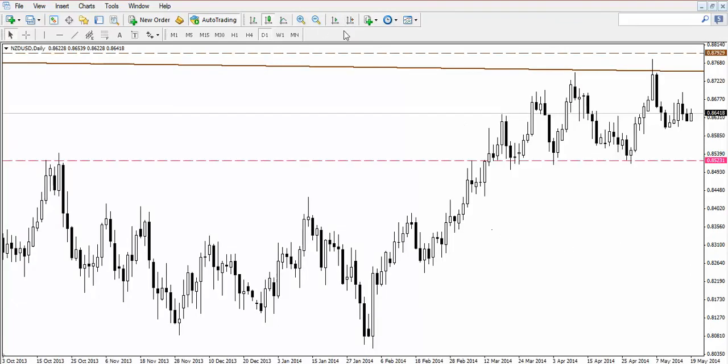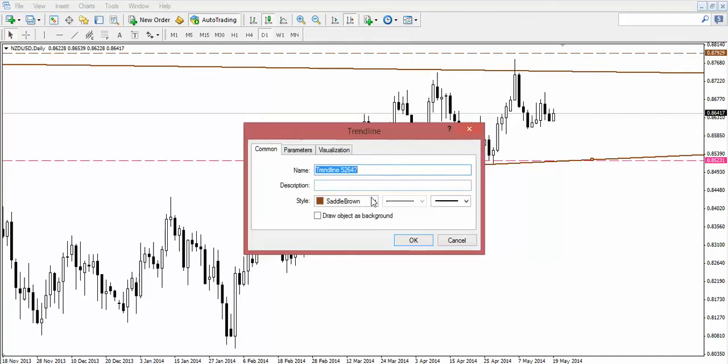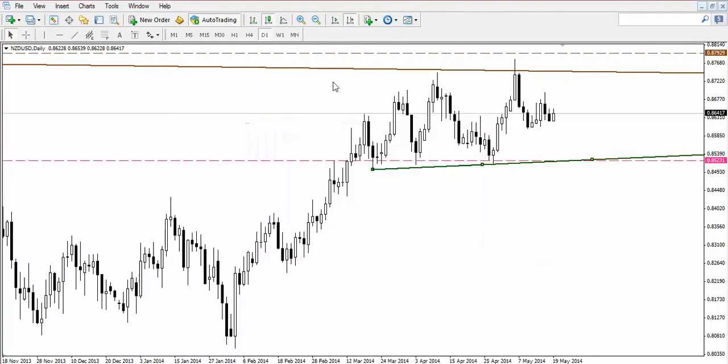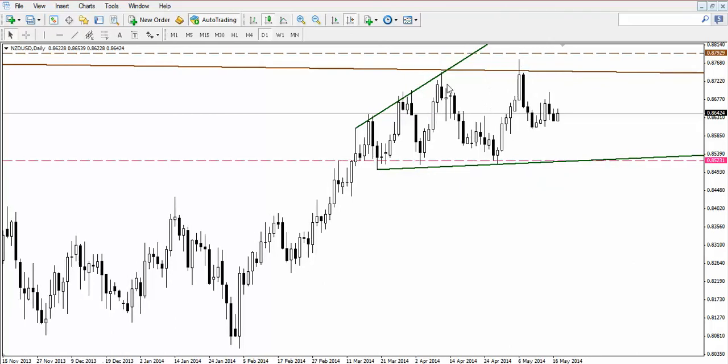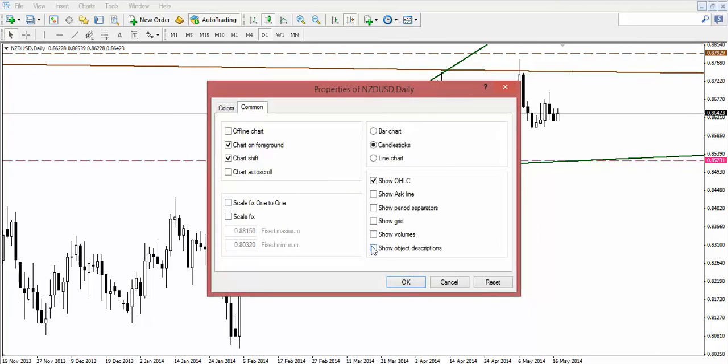So you can see here on the daily, we have these bottoms here that we can have a look at. We've also got what looked like a kind of widening channel there, and we failed to move up to that in this last bullish attempt.